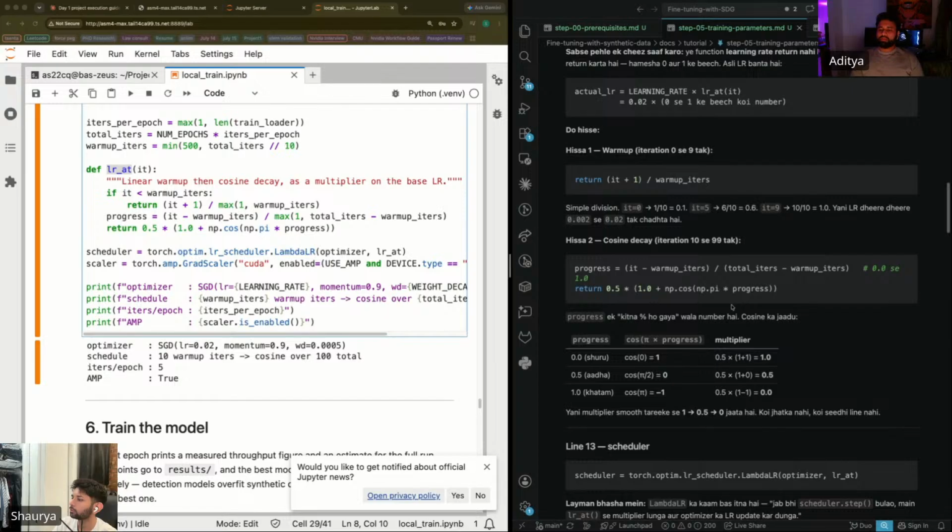Cos 0 is 1, cos 90 is 0, cos 180 is pi, was 180, right? 3.14. Bro, in terms of angles, pi by 2 is 90, so pi is 180.